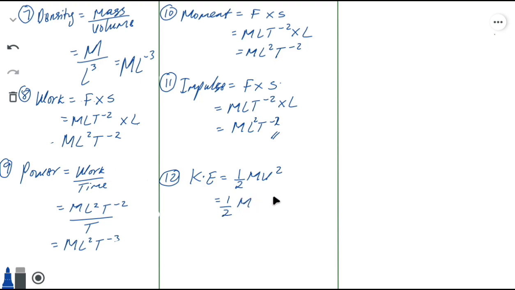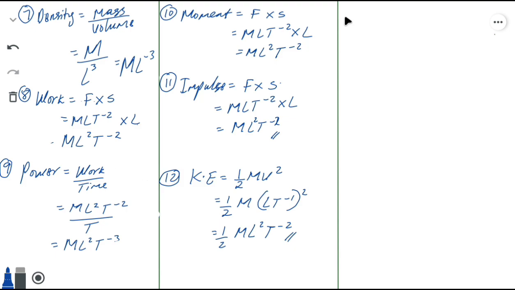Your mass still remains your mass, but velocity this time around is equal to LT raised to the power of minus 1, now everything raised to the power of 2. If we open the bracket now, we're going to have 1 over 2 ML squared T raised to the power of minus 2. So this will be the dimension of kinetic energy.